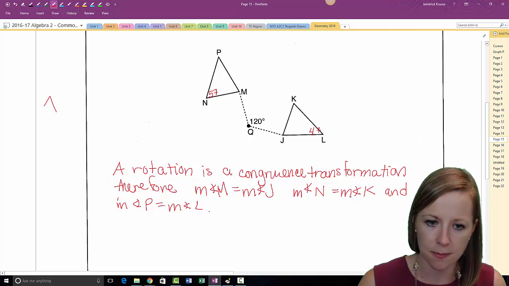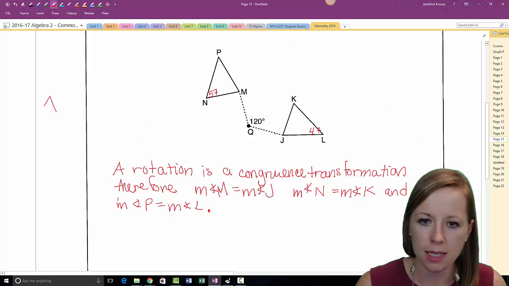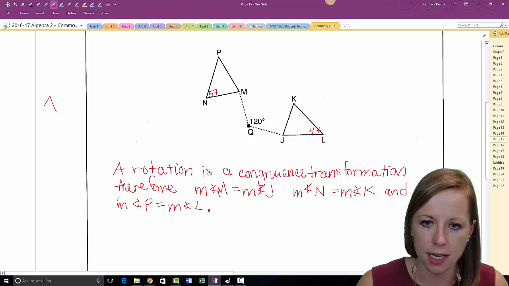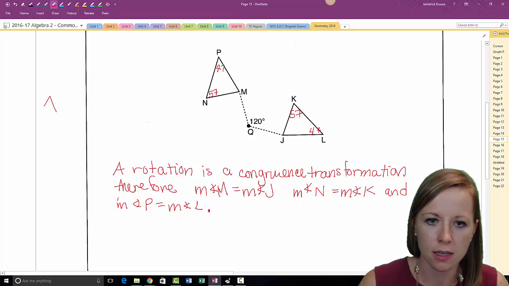Is that right? Okay. So that means N and K are the same, so this is 57, and L and P are the same, so this is 47.